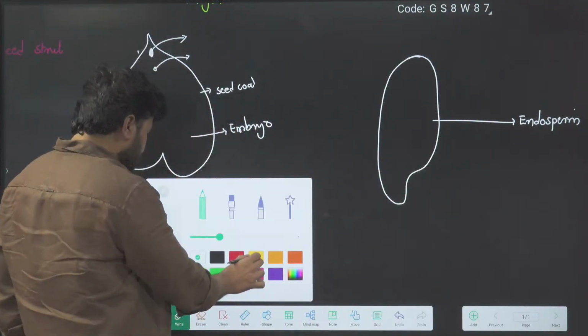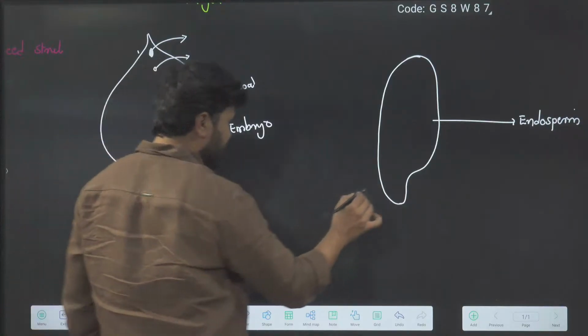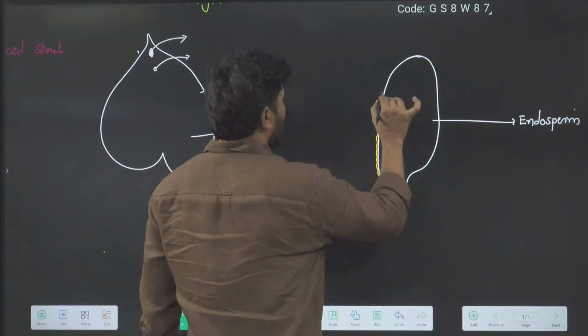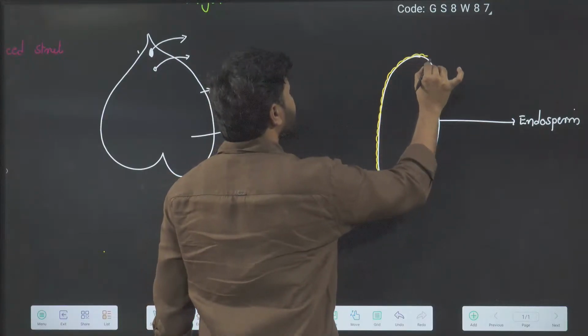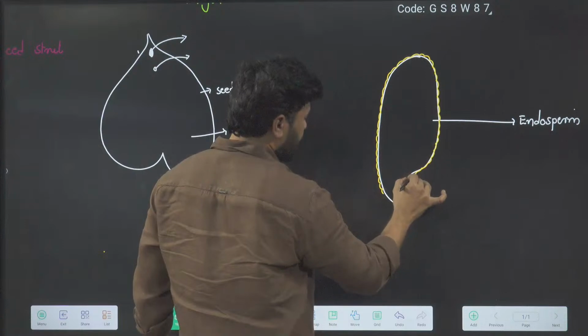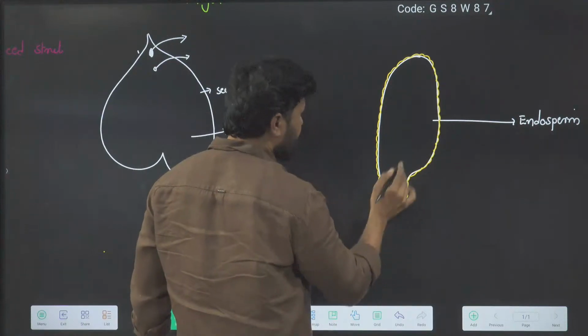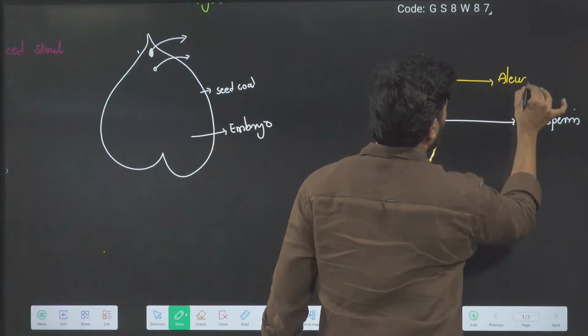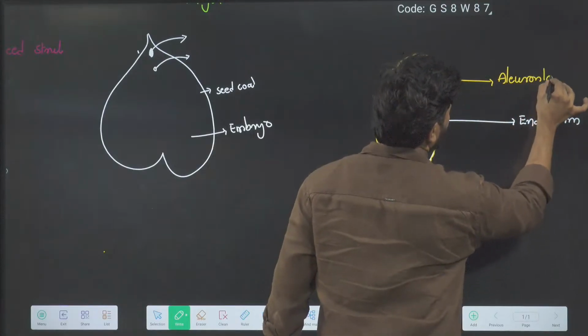Then come to the next statement. Around the endosperm there is a protein rich layer. This protein rich layer is called aleurone. Aleurone layer.